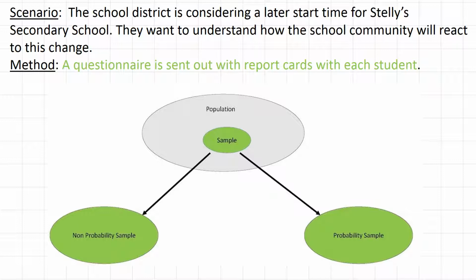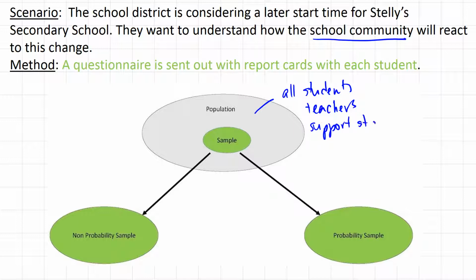The population would be this whole school community, so all the students, the teachers, and the support staff, so the bus drivers and the custodians as well. A sample would be a small group of that population, and in this case the sample is each student.